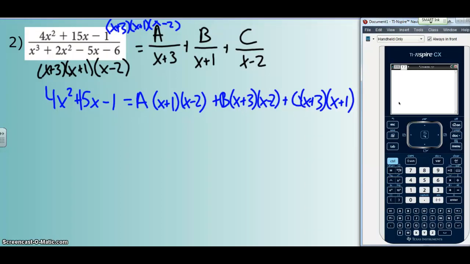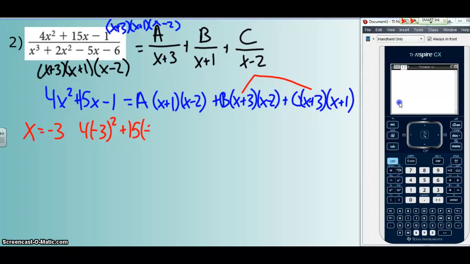Okay, so if I want to find A, what I want to do is see what B and C have in common that I can eliminate. I'm going to plug in negative 3, and that's going to get me canceled for B and C, and I can find A. So I'm going to plug in negative 3. Make sure whenever you square a number, you need to use parentheses.